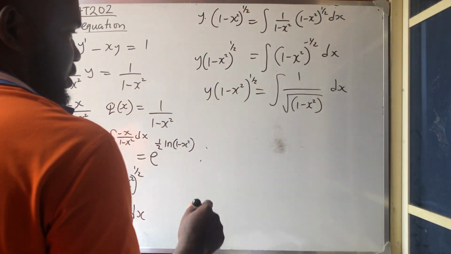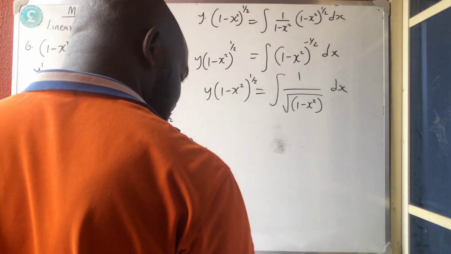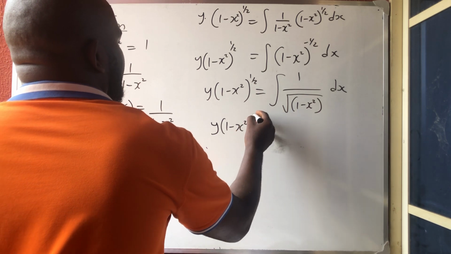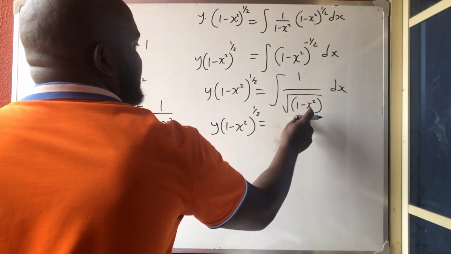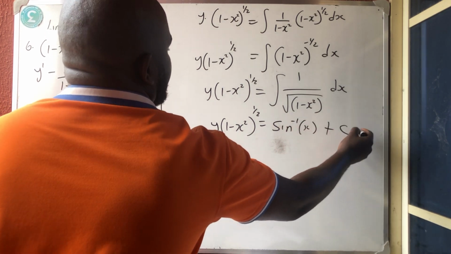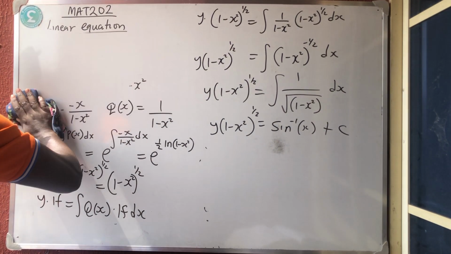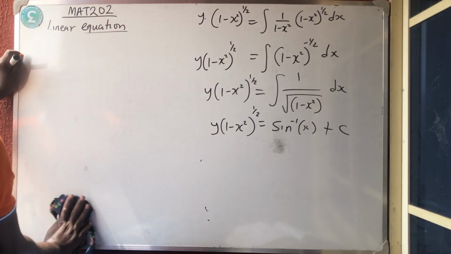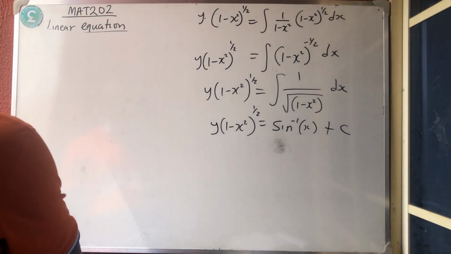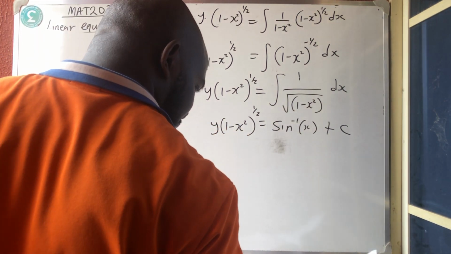So this is trigonometry. I think it's sine inverse. So the integration of that is sine inverse of x plus a constant. So that is the result. You can check the standard integrals I gave you in my video on integration, so you understand how this becomes sine inverse.